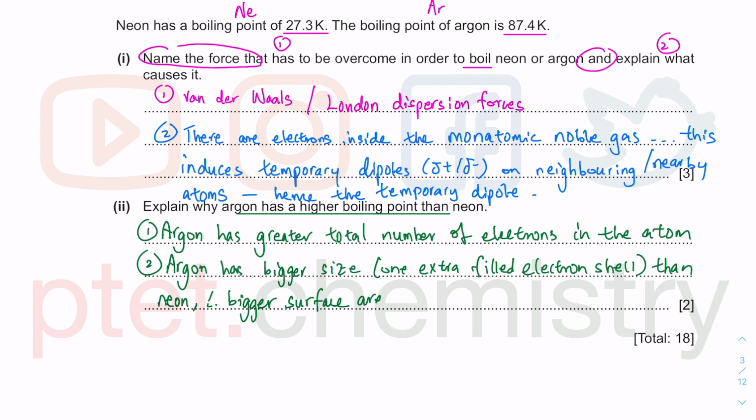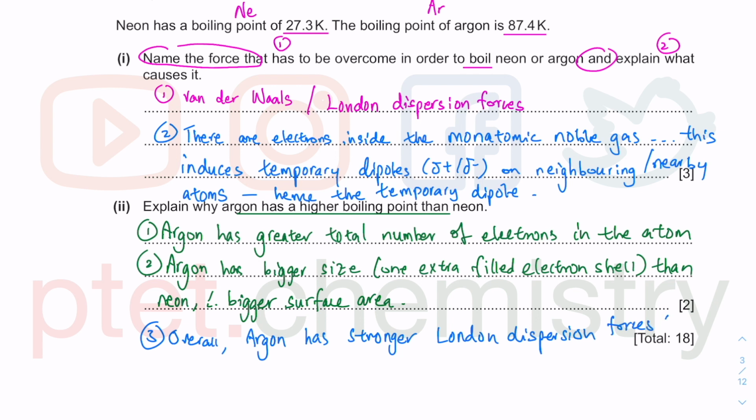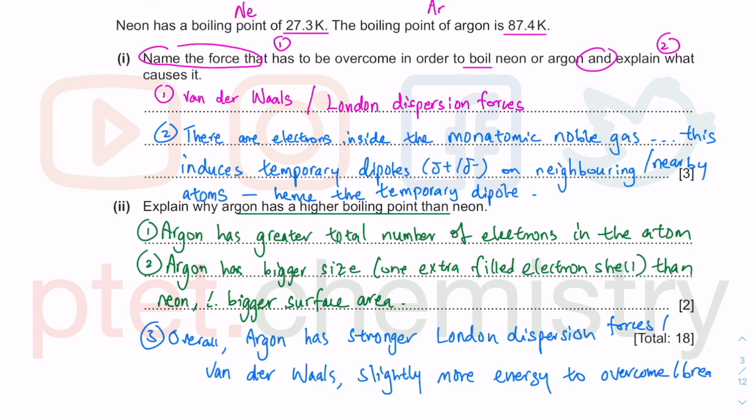And both of these factors result in argon having stronger van der Waals or stronger London dispersion forces between the atoms, slightly more energy to overcome or to break, and therefore, it has a slightly higher boiling point.